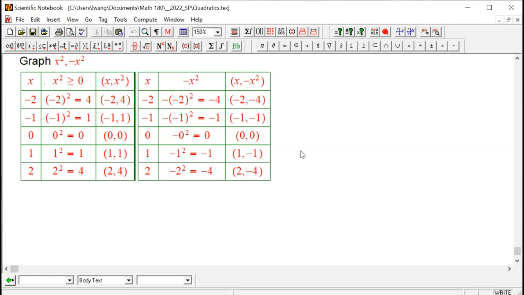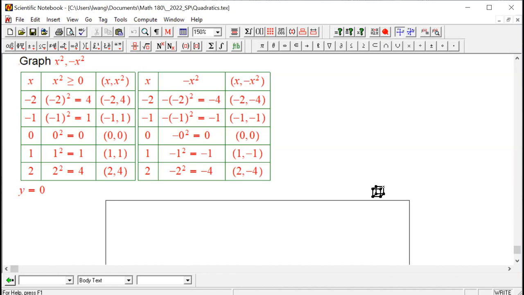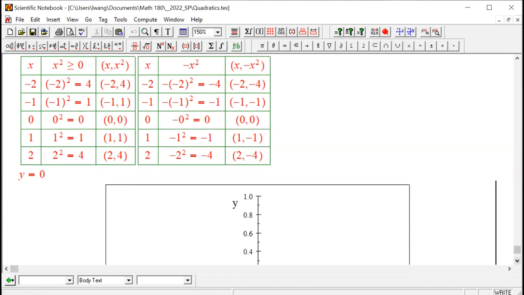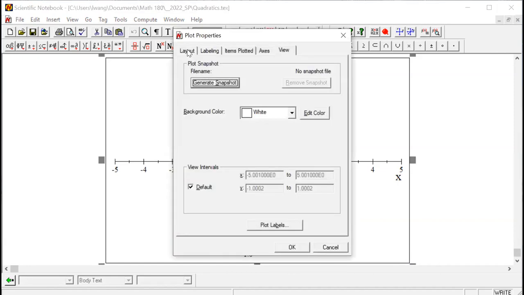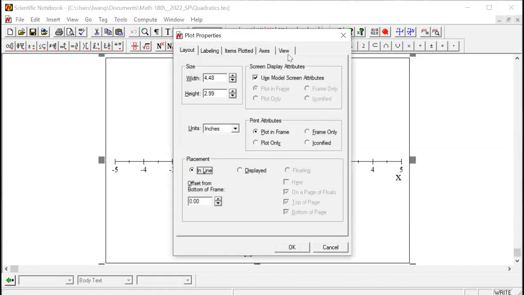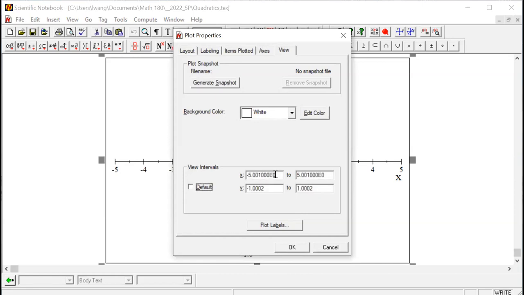So let us plot the points. I'm going to set up the rectangular system. Once we understand the inner workings of one function, we will see that a similar situation will also work for other functions.